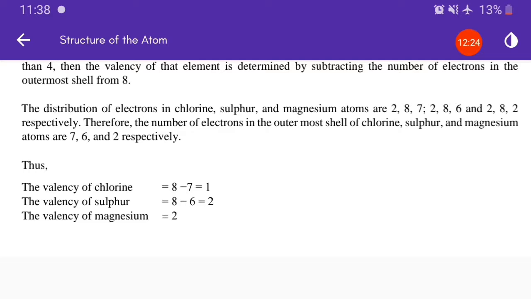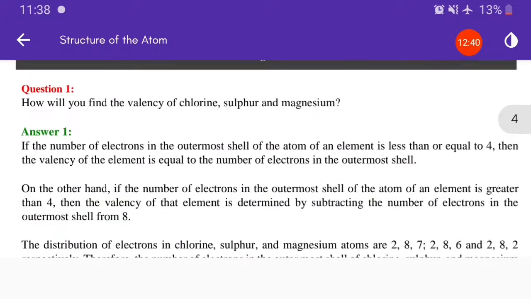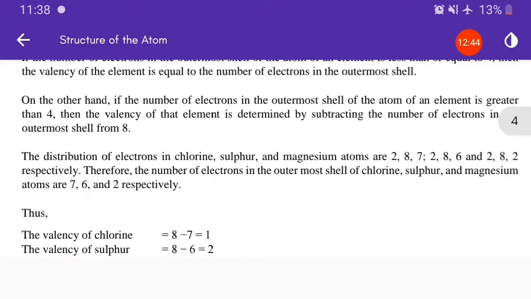Valency of sulfur, 8 minus 6, that is 2, so sulfur is minus 2. And the valency of magnesium is 2, that is fixed, so it is plus 2. So like this we are able to find the valency of chlorine, sulfur and magnesium.